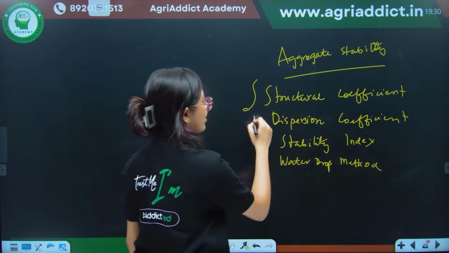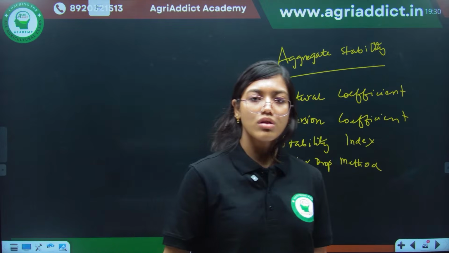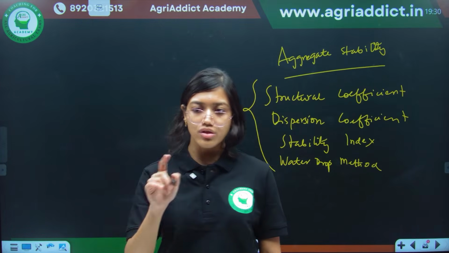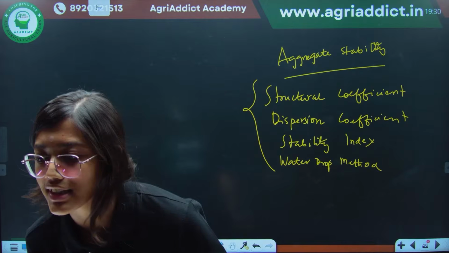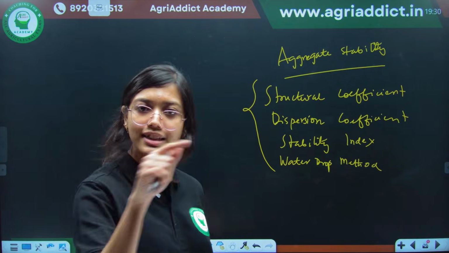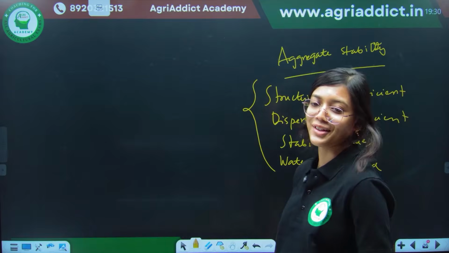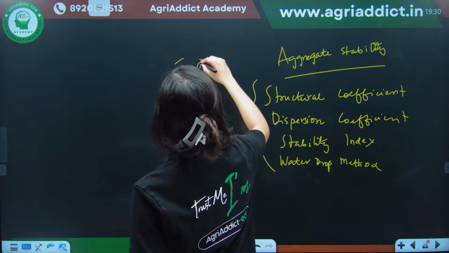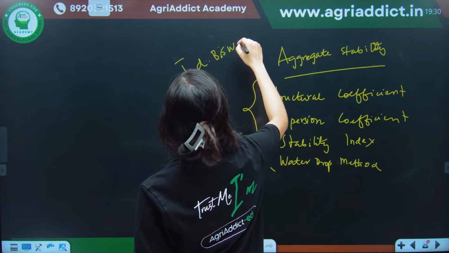So through all this you can also evaluate the structure of your soil. The direct and indirect methods are given by Biswas and Mukherjee, and that is why it is present in T.D. Biswas and Mukherjee book. So you can always refer to T.D. Biswas and Mukherjee for that.